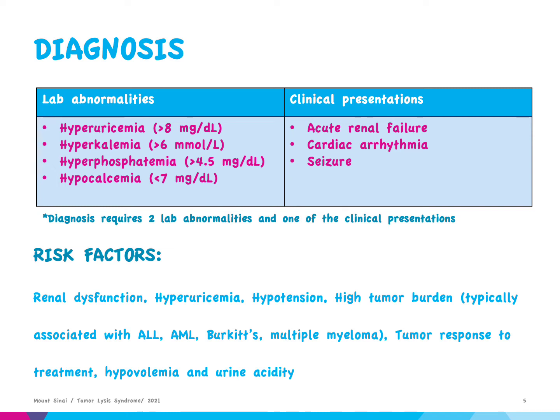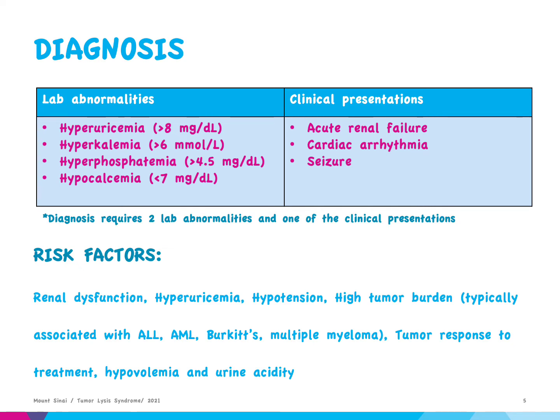Now talking about the risk factors. Renal dysfunction, because like we said, this is something that is renally cleared, hyperuricemia, hypotension, and high tumor burden, particularly associated with ALL, AML, Burkitt's, and multiple myeloma. You also have some other rapidly dividing tumors among the solids, such as small cell lung cancer, melanoma, some types of inflammatory breast cancer, germ cell tumors, and liver metastasis.